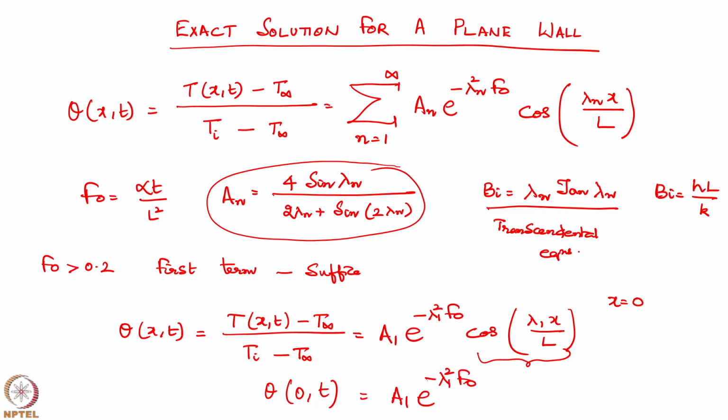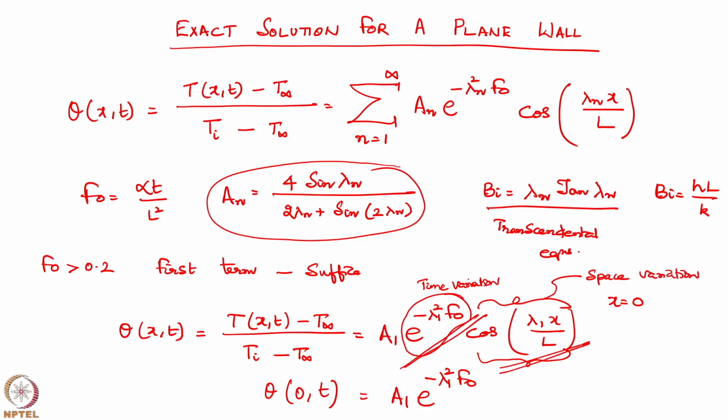If you closely see this equation, if you recall, for the lumped body the temperature varied exponentially, that is continuing here. Time variation is captured with this exponential term, and the space variation is captured with the cosine term. So the time variation continues to be exponential and space variation is varying with cos of lambda 1 x by L.